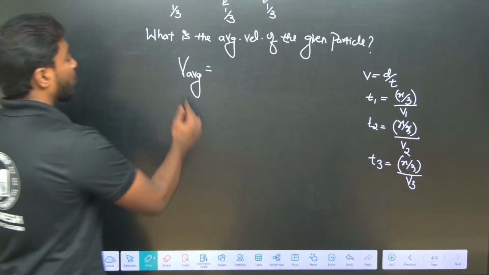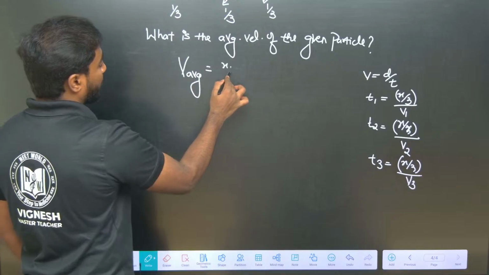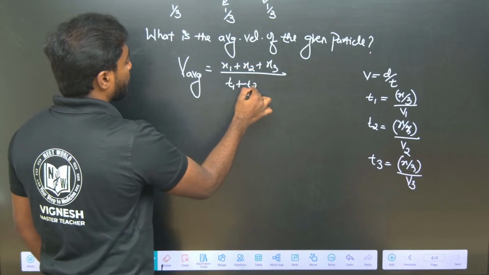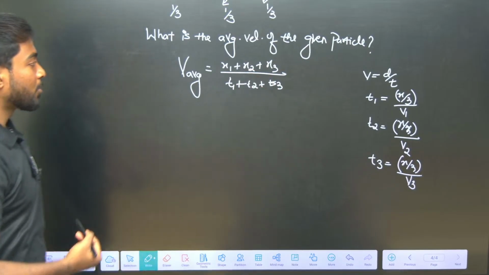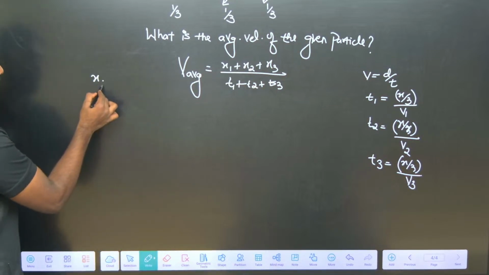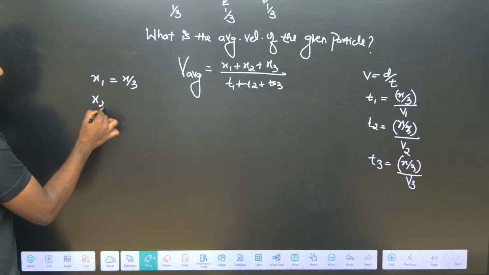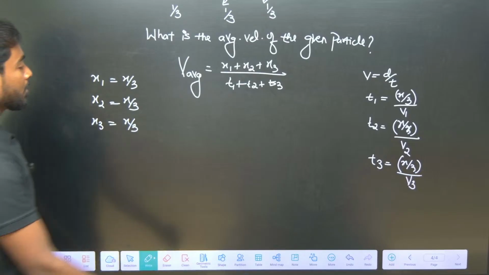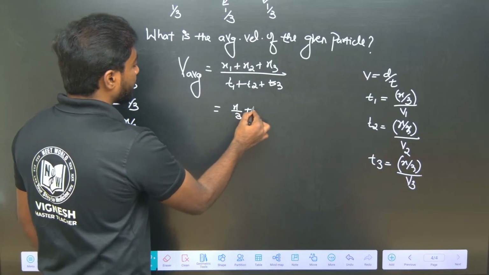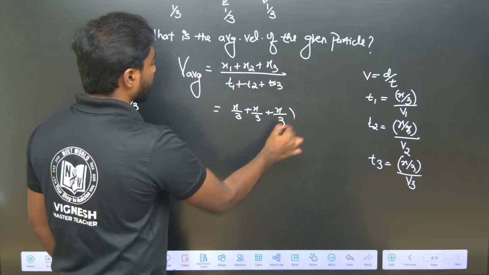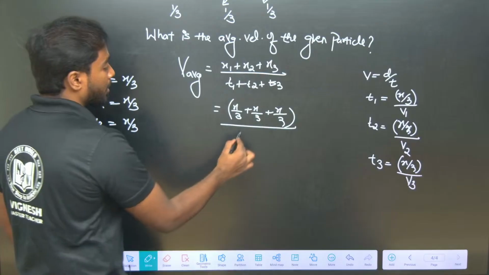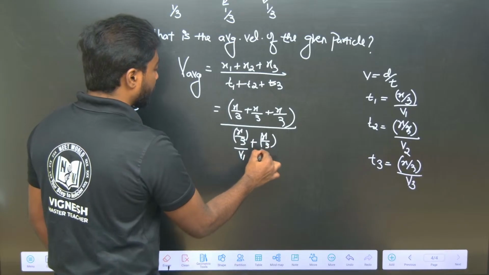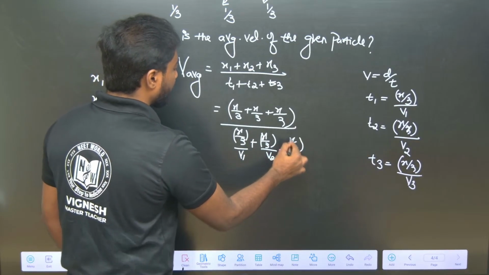Now the average velocity is x1 plus x2 plus x3 divided by t1 plus t2 plus t3, where x1, x2, x3 are each x by 3. So x by 3 plus x by 3 plus x by 3, divided by x by 3 v1 plus x by 3 v2 plus x by 3 v3.